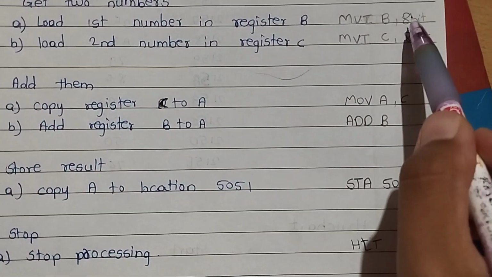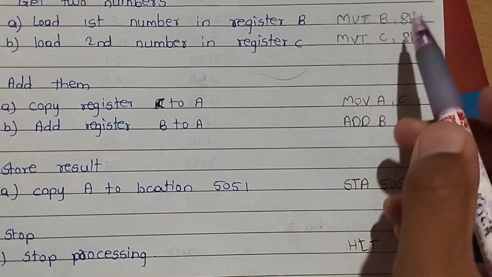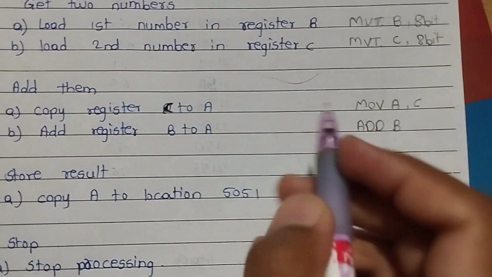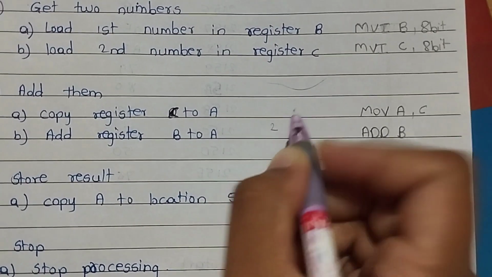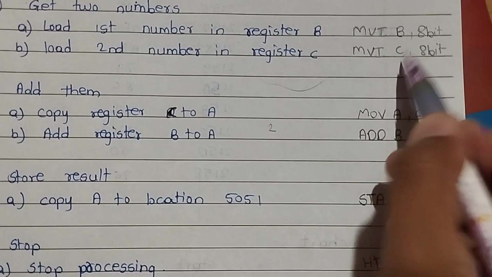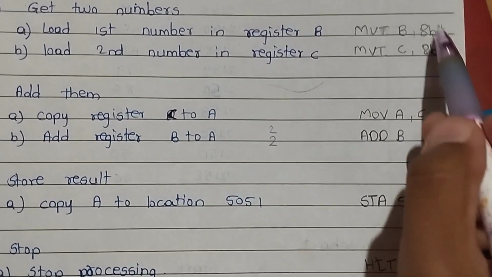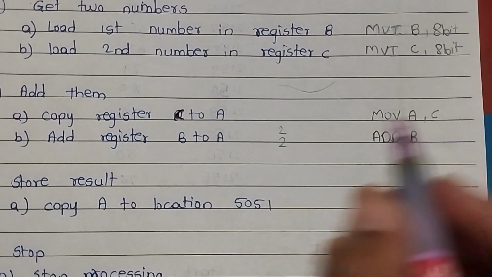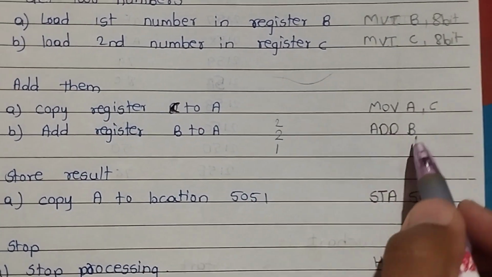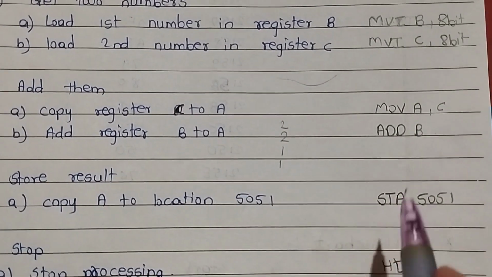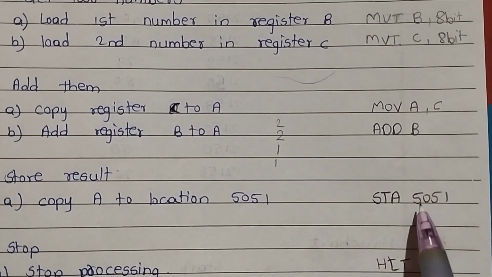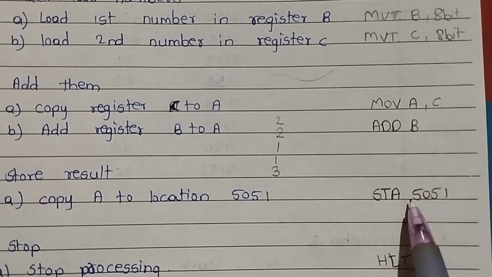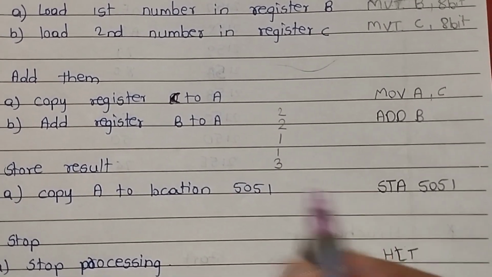Now we count how many bytes each instruction has. First instruction is 2 bytes, so we write here 2. Second instruction is also 2 bytes because 8-bit data comes with the instruction. Third is a 1 byte instruction, so 1. Fourth also 1 byte instruction, so 1. Now the STA instruction is 3 bytes because 16-bit data comes with the instruction, and the halt is a 1 byte instruction.